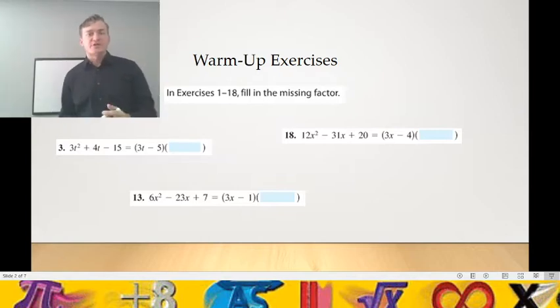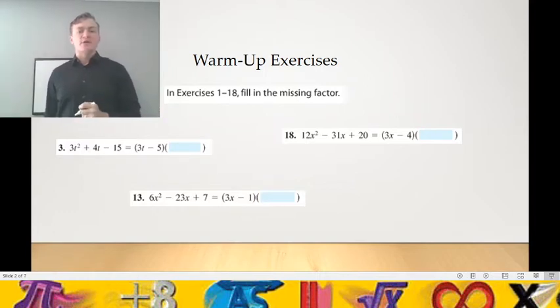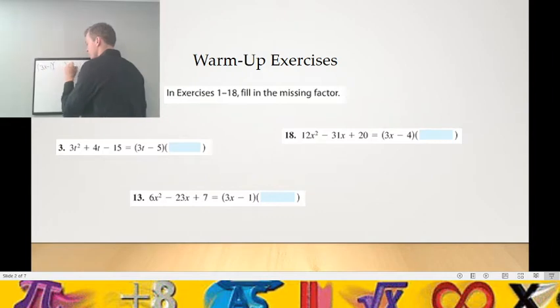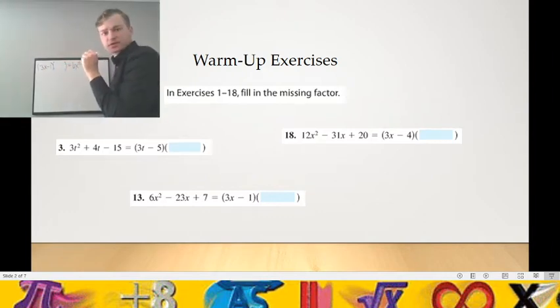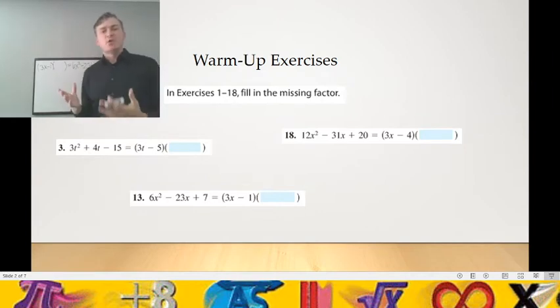Second example, number 13. We need to multiply 3x minus 1 to some factor in order for it to equal 6x squared minus 23x plus 7. And getting the idea here that, notice that our leading coefficient isn't a 1 anymore. Last section we saw where a lot of our examples were x squared plus or minus bx plus or minus our c value.